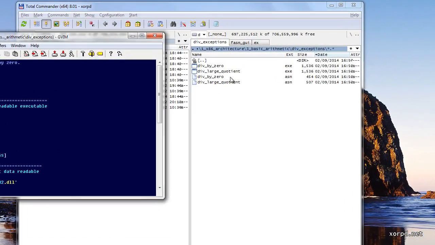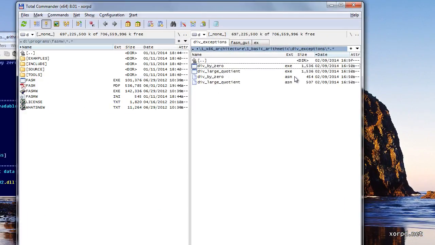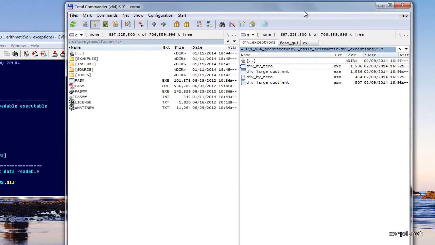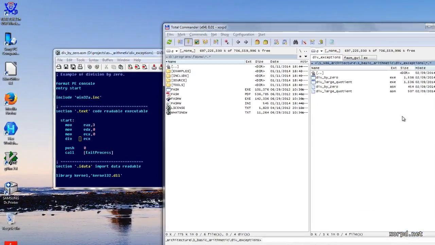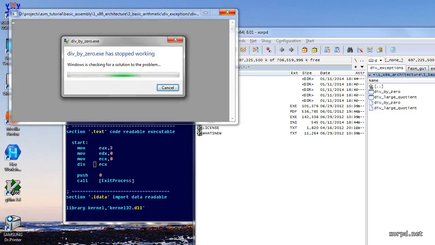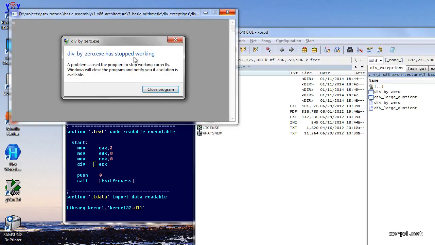We have here the program div by 0 as an executable. Let's see what happens when we run it. We got this strange message: div by 0 has stopped working. It says that a problem caused the program to stop working correctly.